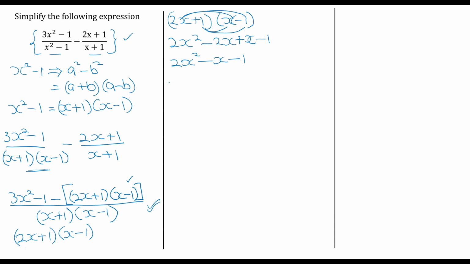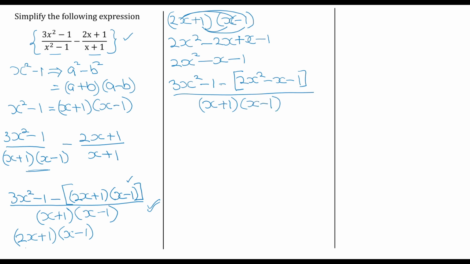So you have 3x squared minus 1 minus, remember it's a square bracket, (2x squared minus x minus 1) over (x plus 1)(x minus 1). You expand, you remove the square bracket by multiplying by negative 1.